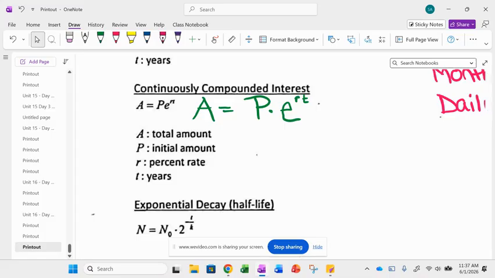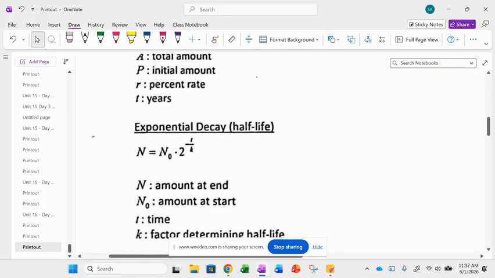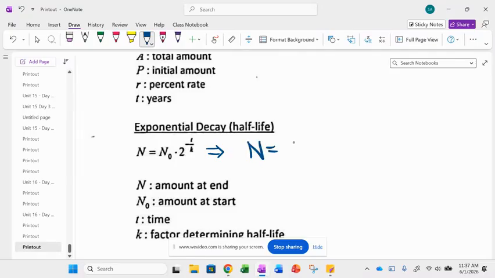Okay, and the very last formula that you need to remember is the exponential decay or half-life formula. This is going to be N is equal to N sub 0 times 2 raised to the negative t over k power.